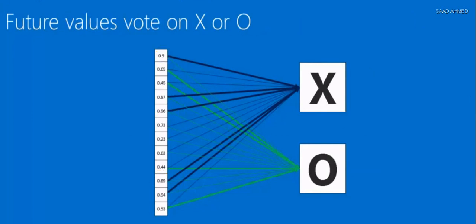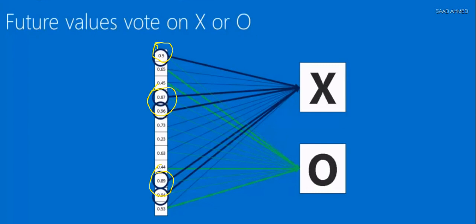If you input an image of X, then we consider those boxes which were identified before and take their values, and you can see that the average comes out to be 0.92.